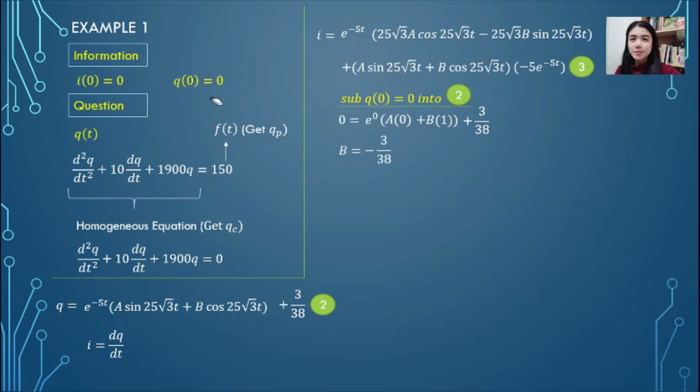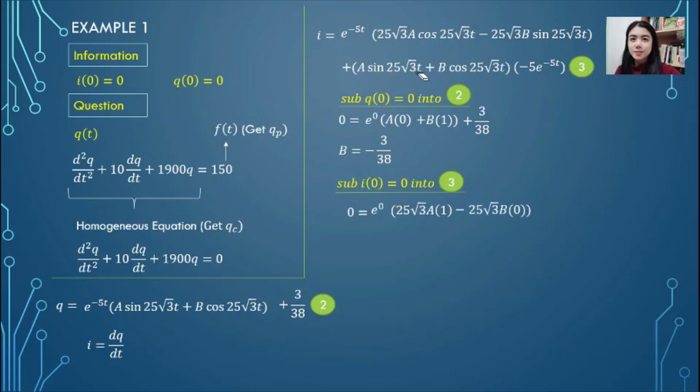Then we have I0 equal to 0. Substitute this into equation number 3. So your I is 0, your time is 0, so you have e to the power of 0. This is cos 0, which is 1, so 1 multiplied with this. And you have sine 0, which is 0, so 0 multiplied with this.